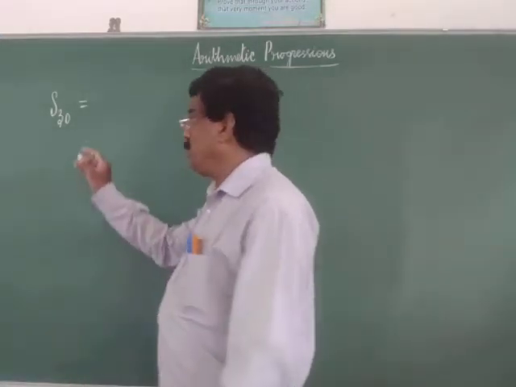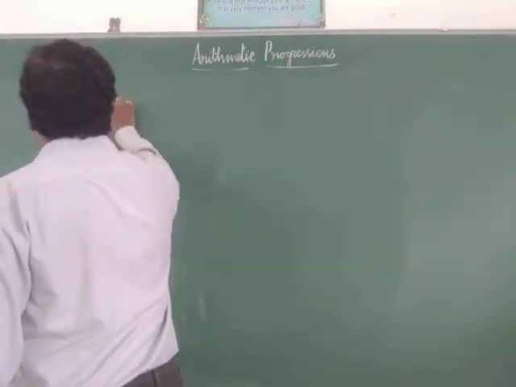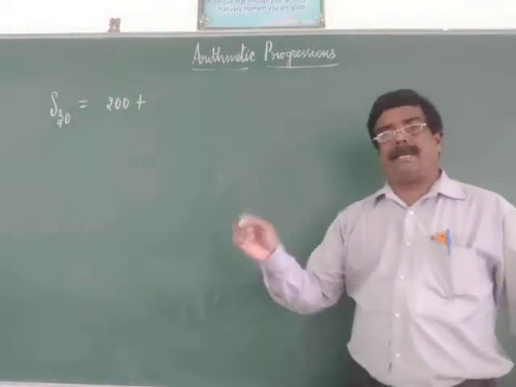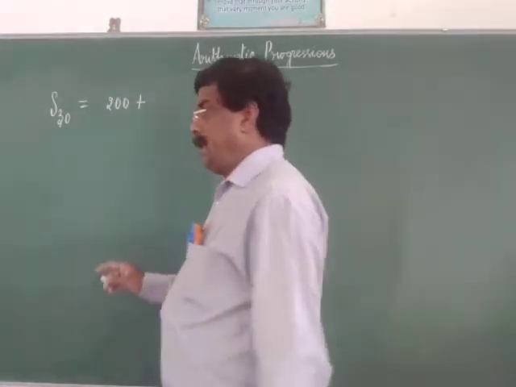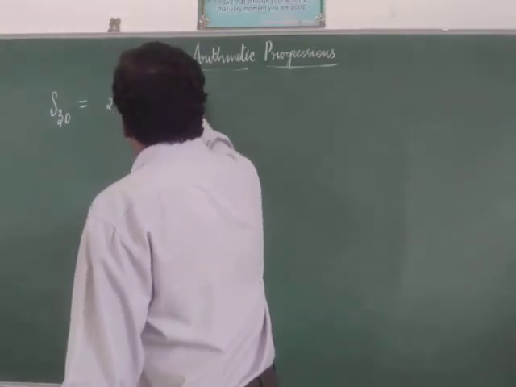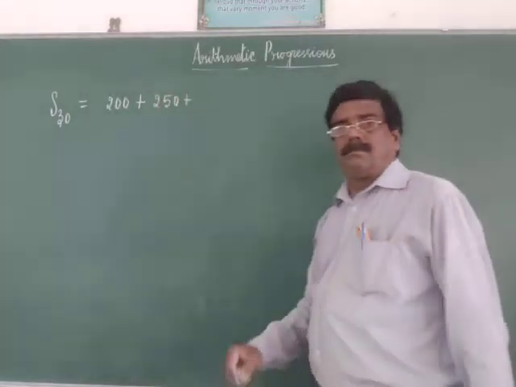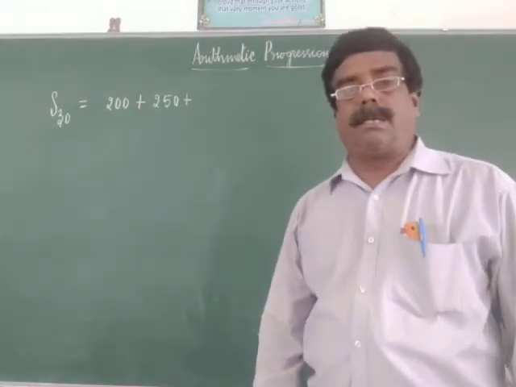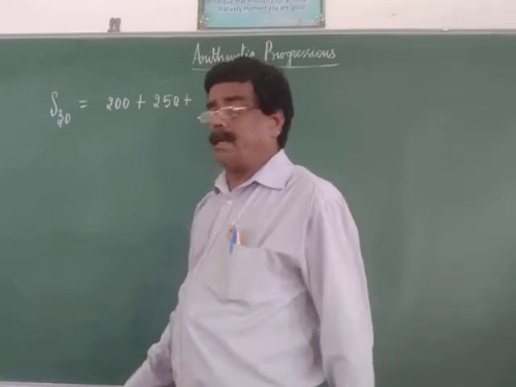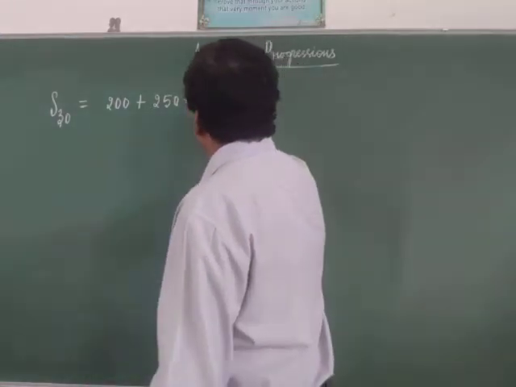The first day was given here, it is 200 plus the second day. Second day 50 rupees you add, that is 250. Then third day how much are you supposed to pay? Again you have to add another 50, that is 300.